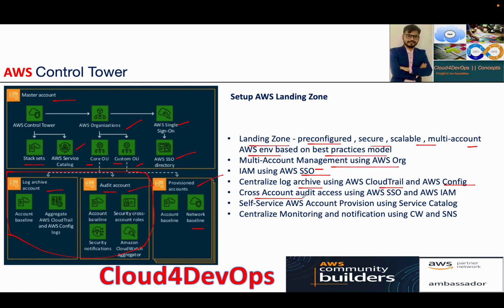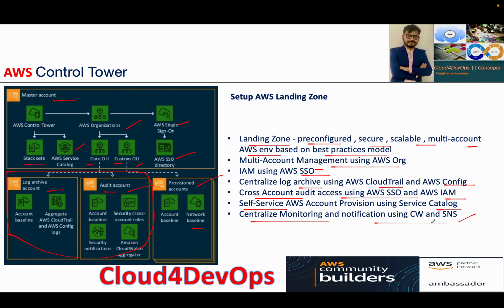Then cross-account audit using SSO and IAM. That's important while doing SOC compliance or PCI DSS. Then self-service account provisioning, that's with Service Catalog, what we call the account vending factory. And centralized monitoring and notification using CloudWatch or SNS. CloudWatch, again, is a default tool with AWS, and SNS is the notification service.